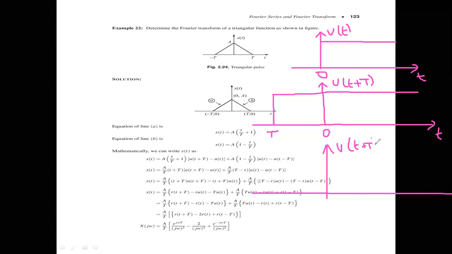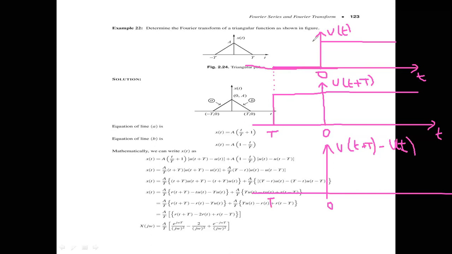T plus capital T minus mu of t. See, from minus T to 0, observe here, here also the T, this is also the T here. What is the value of mu of t from minus T to 0? 0.